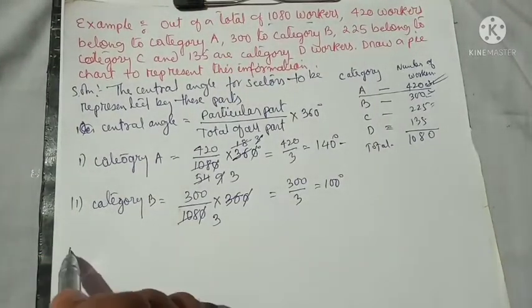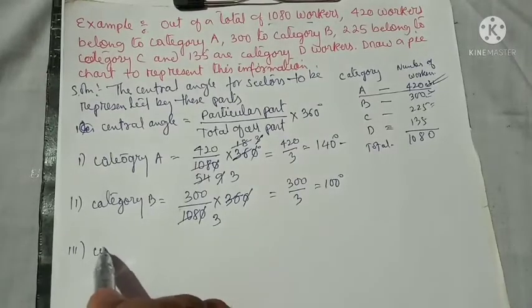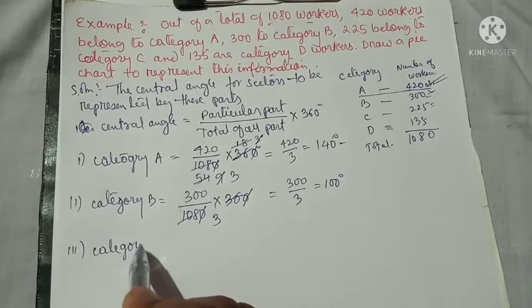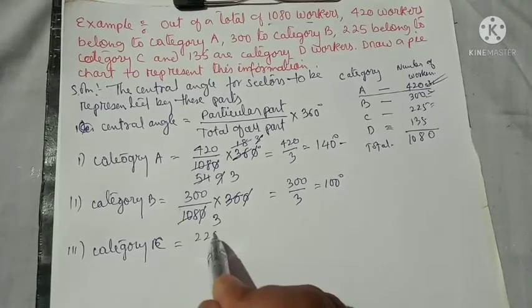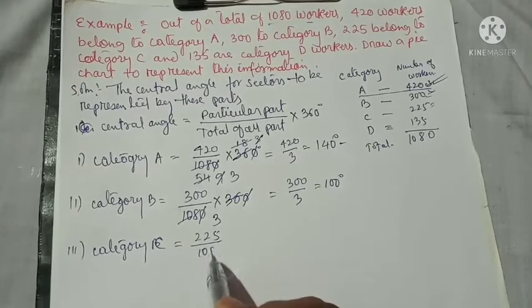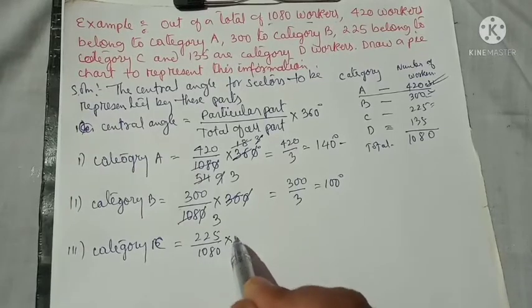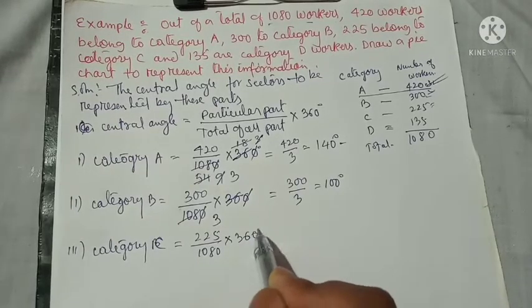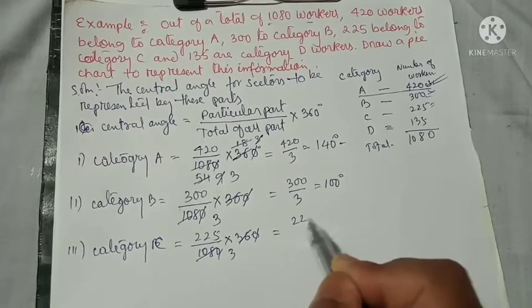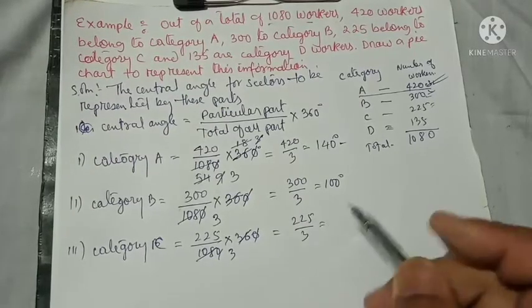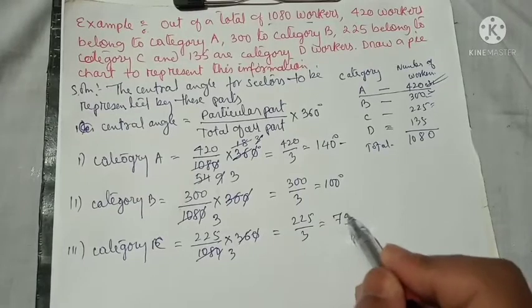Now category C: 225 by 1080 into 360. If you cut the zeros, you divide by 3. 225 divided by 3, the answer is 75 degrees.